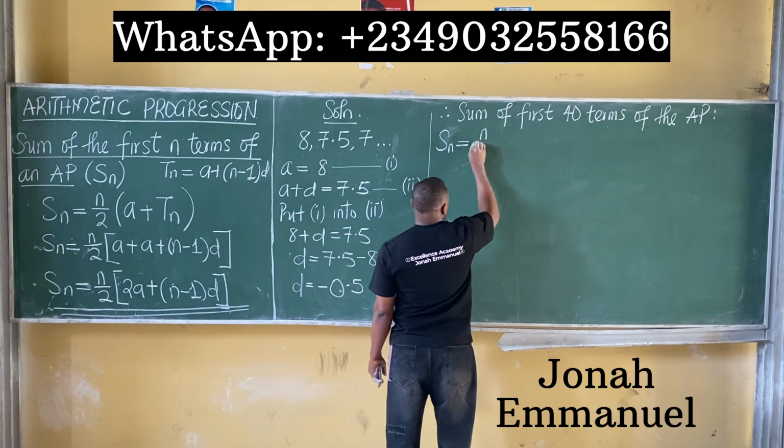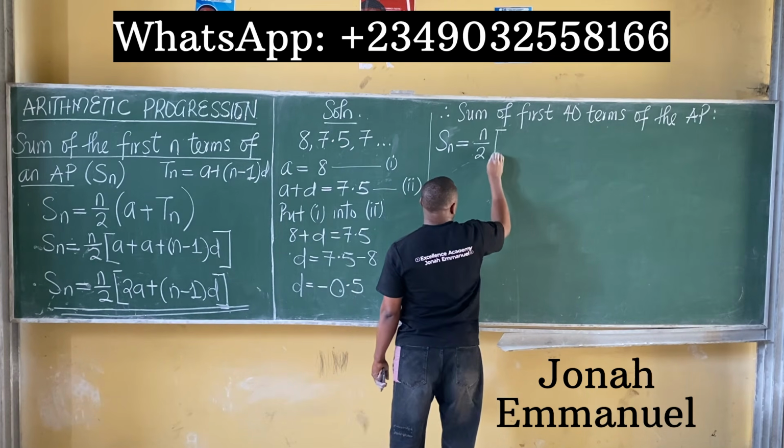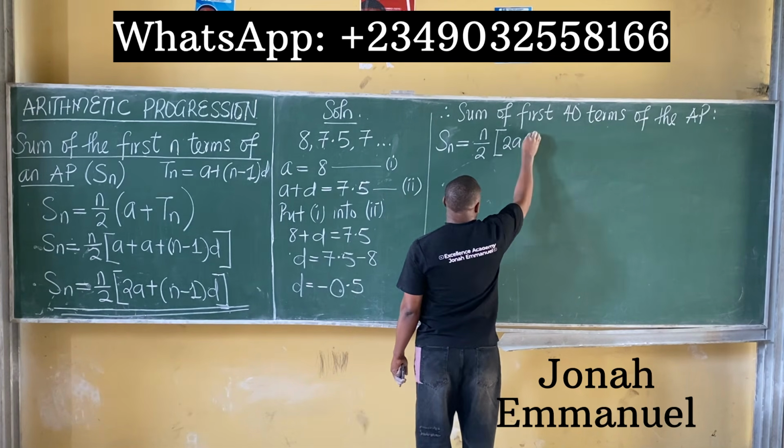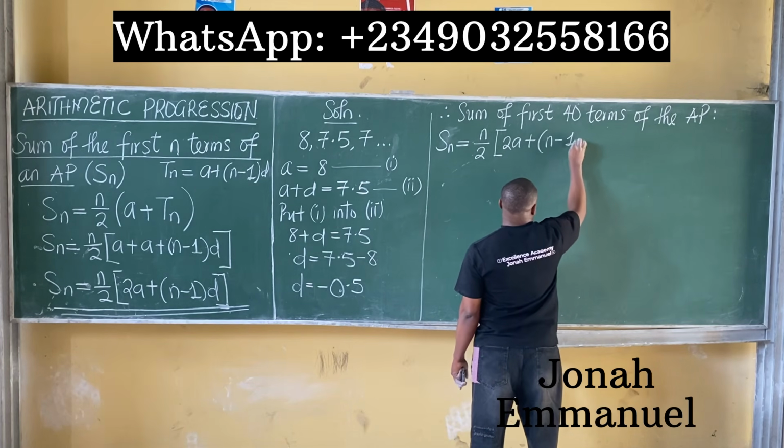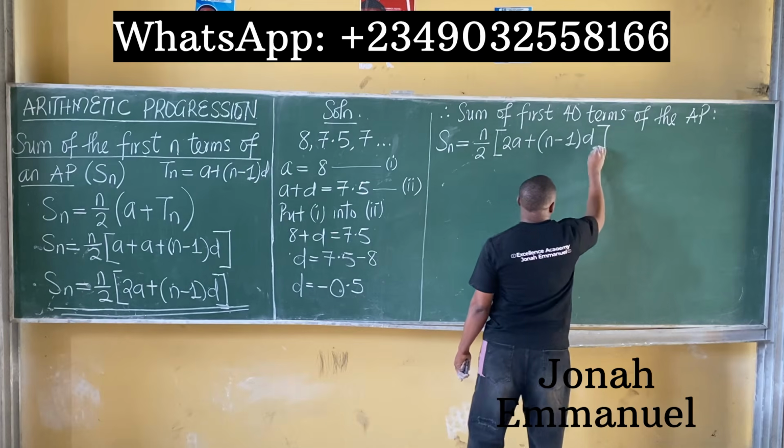We said it is n over 2 into 2a plus n minus 1 d. We have this.